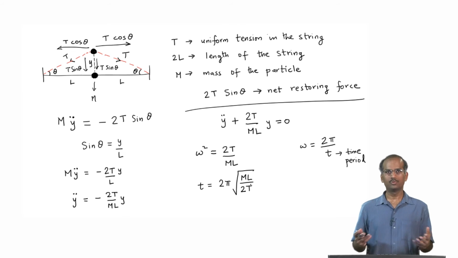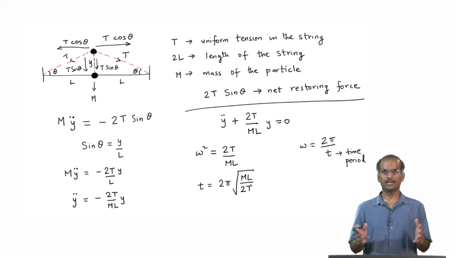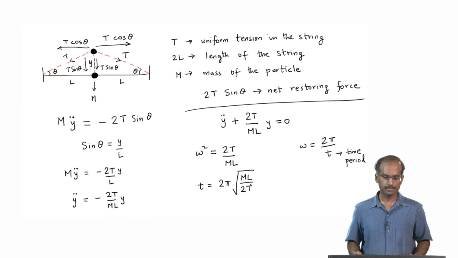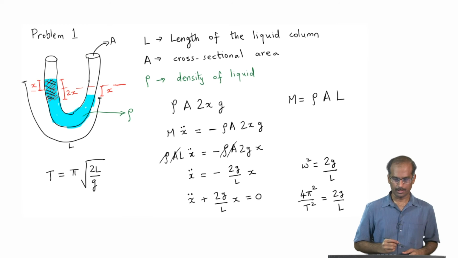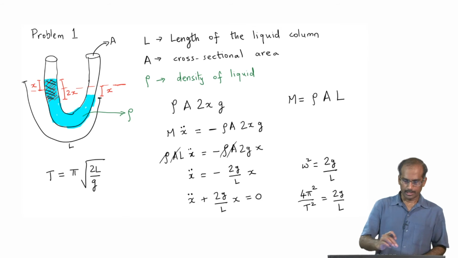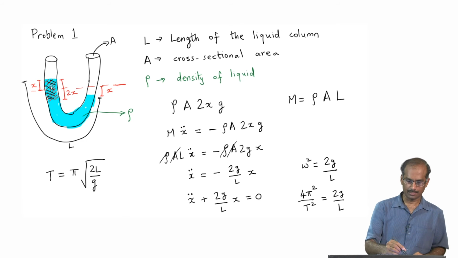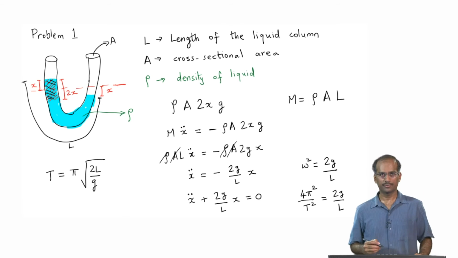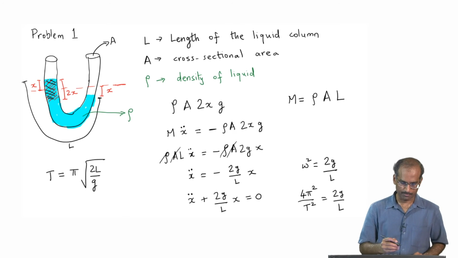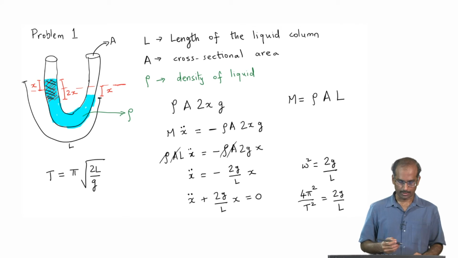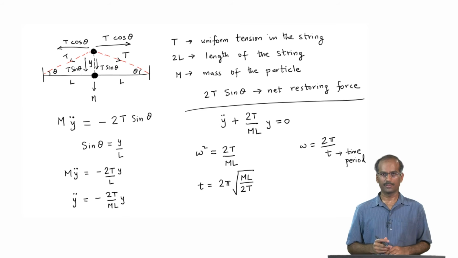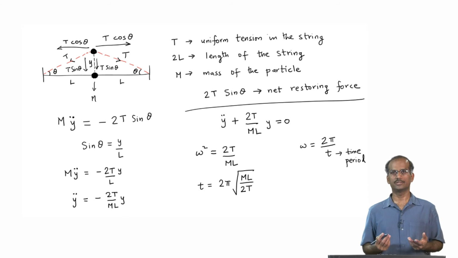So, with this we have done two problems where we computed the time period of the system. If you look at the algorithm that we have been following, you need to identify where the restoring force is coming from. In the case of liquid in a U tube, it comes from the excess column of liquid, which provides the restoring force, and in the case of a mass tied through a string to two rigid supports, it comes from the tension in the string.